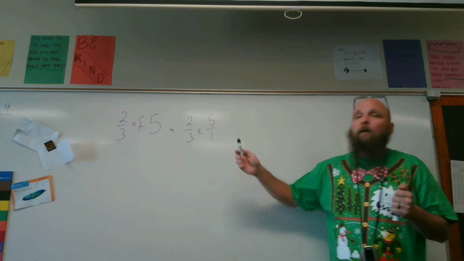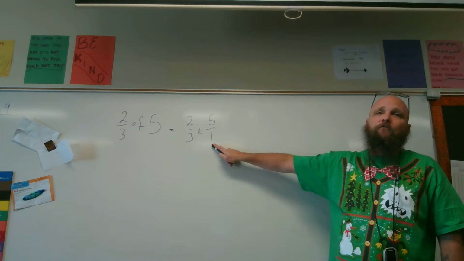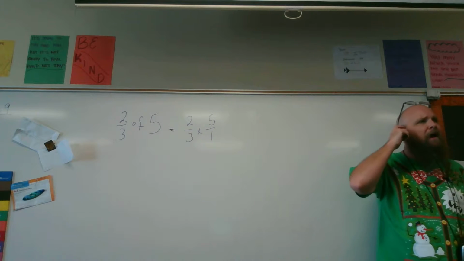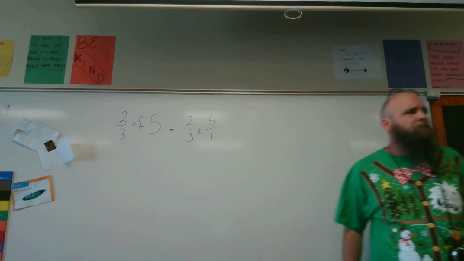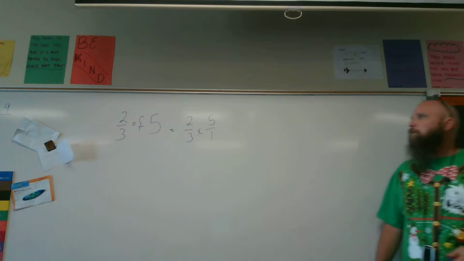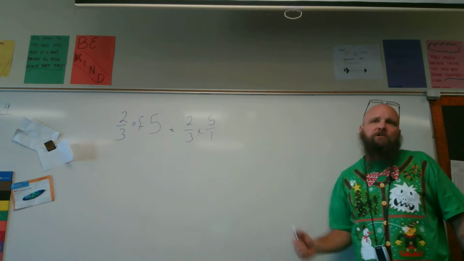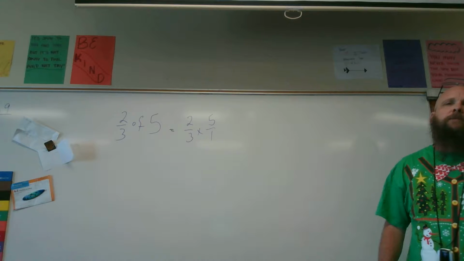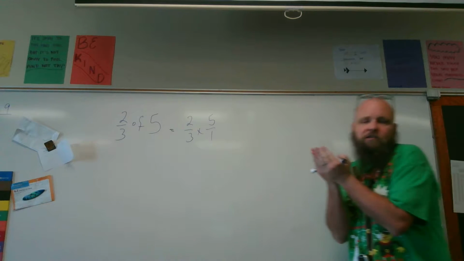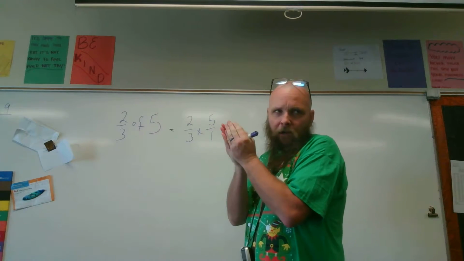Okay. Now, Mia, what kind of fraction is 5 over 1? Improper fraction. Mia, how do you fix an improper fraction? Remember we got that foldable in there, talking about improper fractions, mixed numbers.